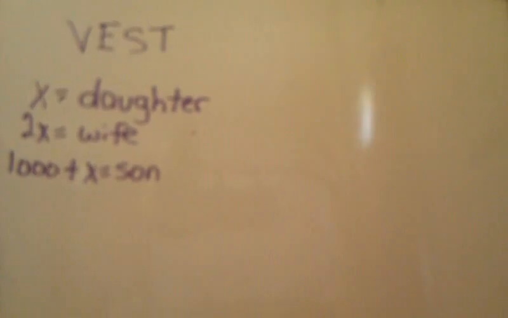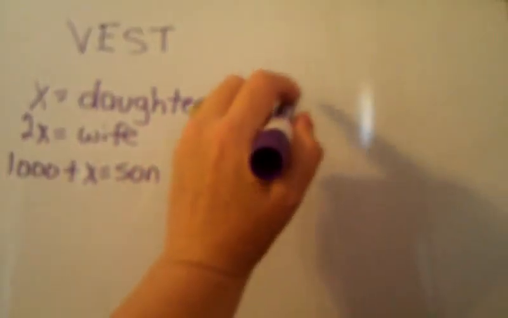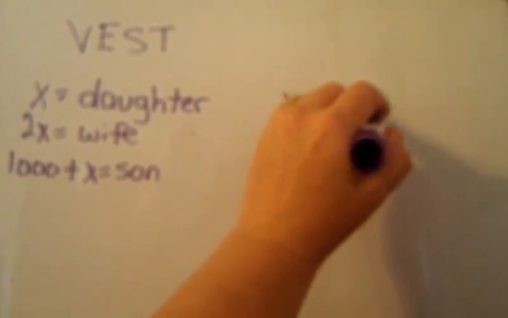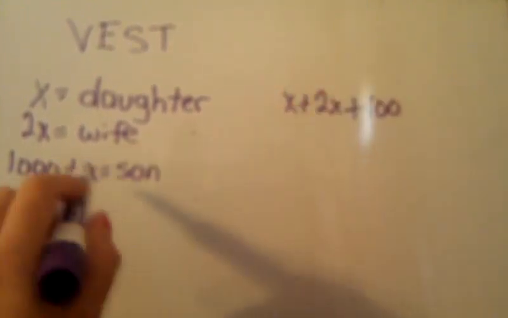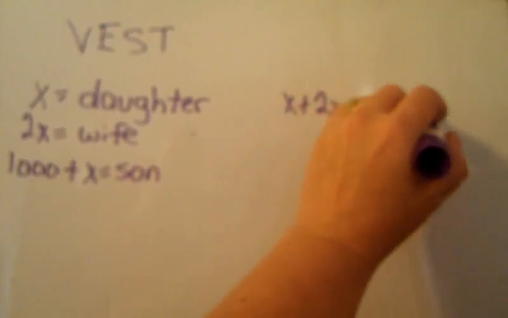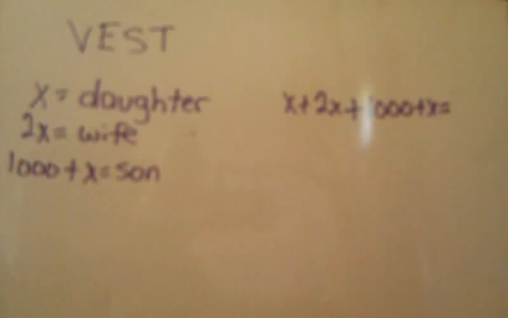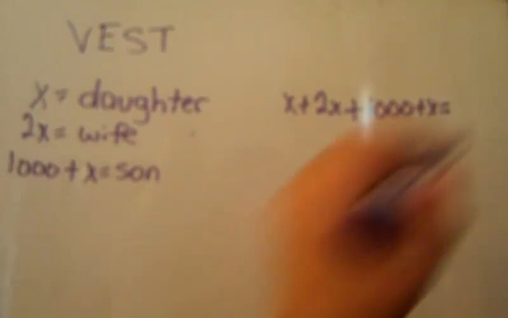A man divided $9,000. So what am I going to do? So my equation means that I'm going to have to add all these together. Is that what you did? X plus 2x plus 1,000 plus x equals 9,000.